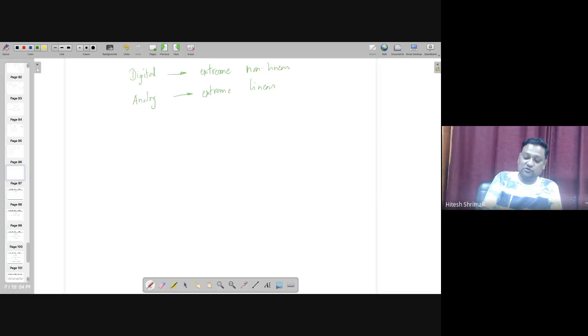So the book wants to say something other than what you are understanding. If you have a doubt on this, what it wants to say is that digital is the one dealing with the large signal, and analog is the one dealing with the small signal.